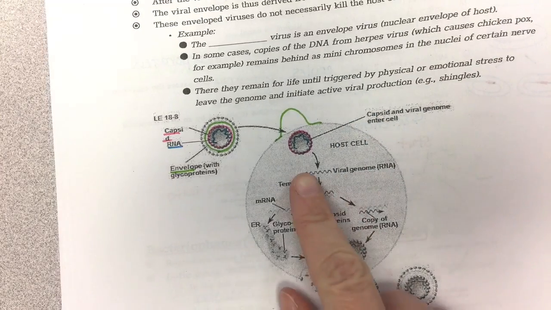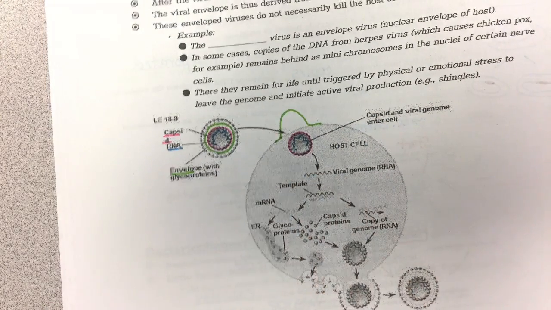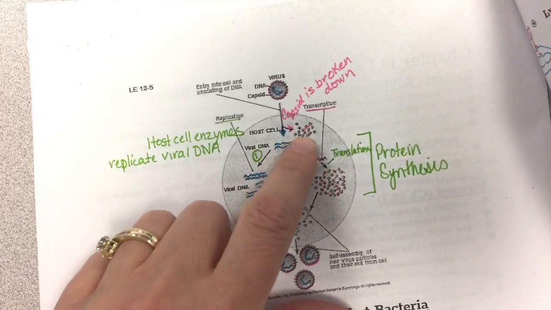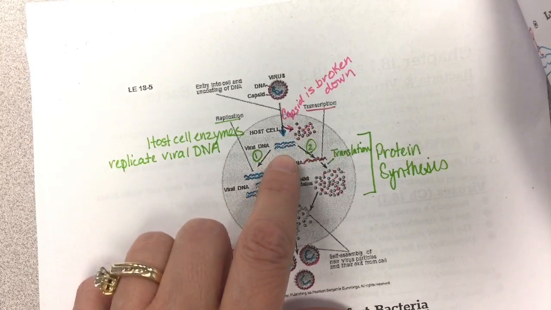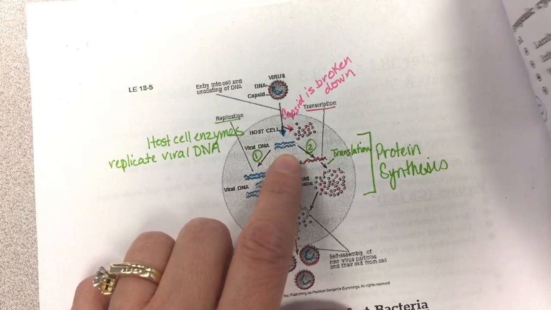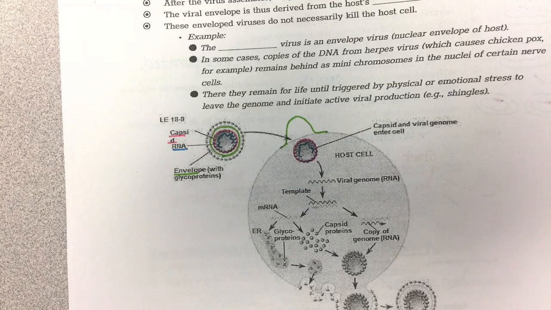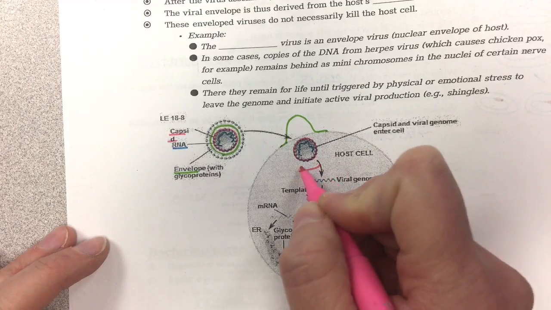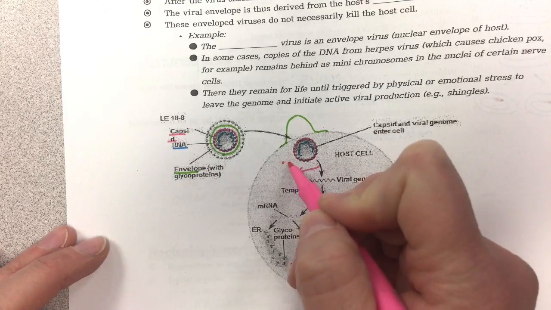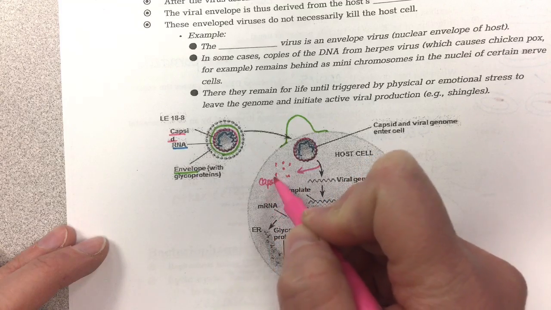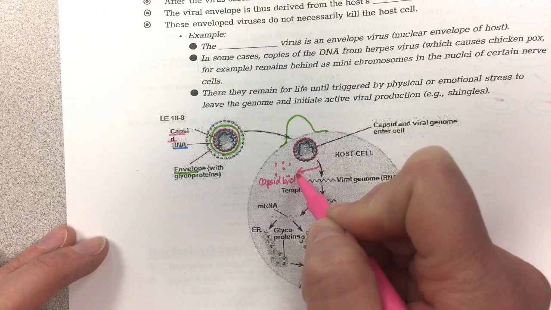All right, what it's not showing you, like we looked at in the generic picture over here, is remember the capsid breaks up and then you end up with your genetic material exposed. And so that's what we have here: capsid proteins broken up, capsid broken down.